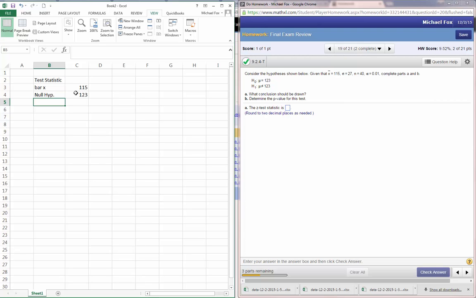We also need the population standard deviation, which again is given to us here as 27. And we need the n, for the number of data points in the sample, and that is given to us right here as 40. All right, once we have all that information, we can calculate our test statistic.